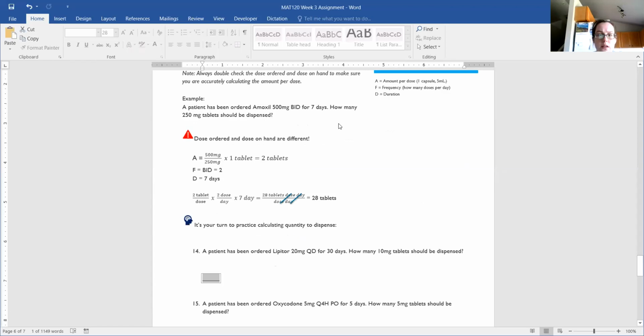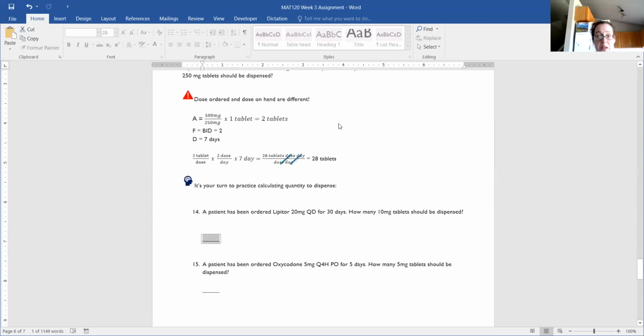That's correct. So every 4 hours, that would be 6 pills, right? If somebody started at 6 a.m. and went to 6 a.m. the next morning, that would be 6 capsules or tablets, correct? Right. Okay, I'm just trying to make sure my theory is correct. Thank you. You're welcome.